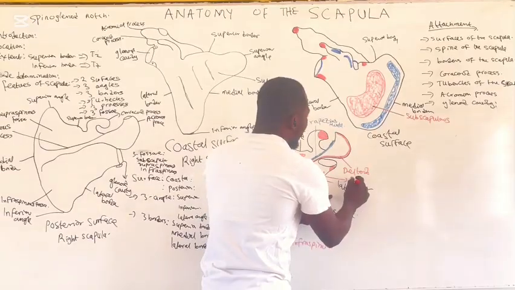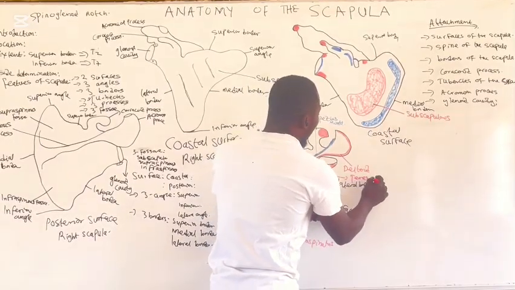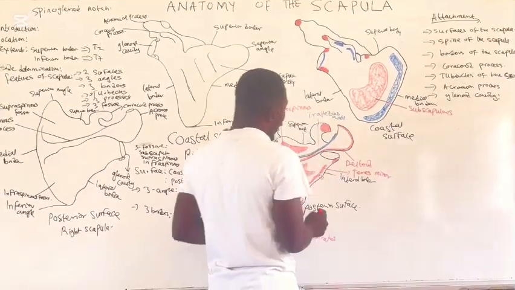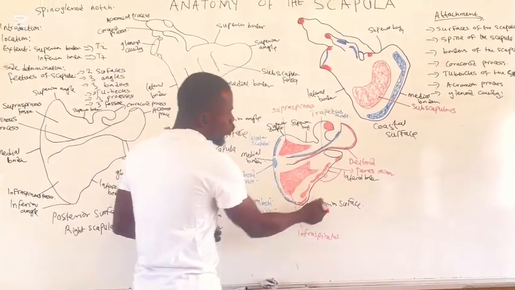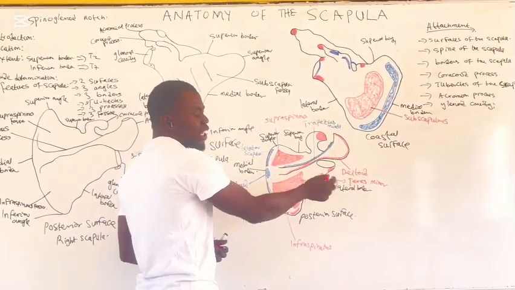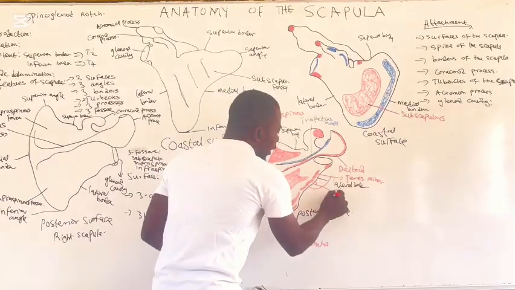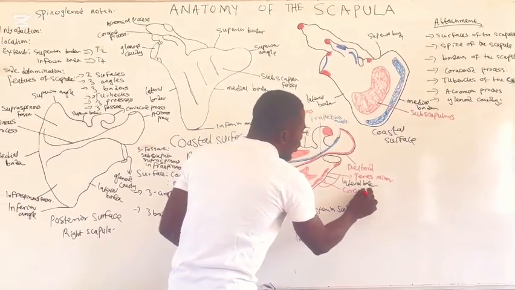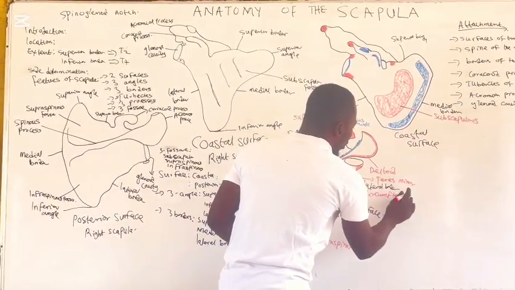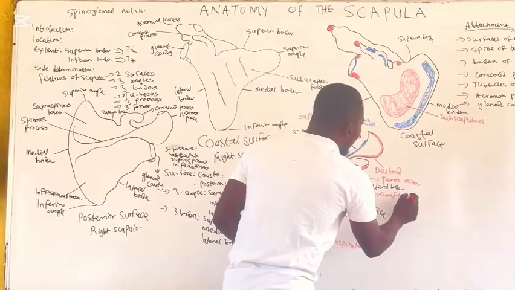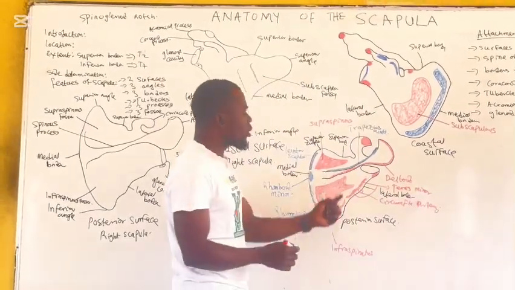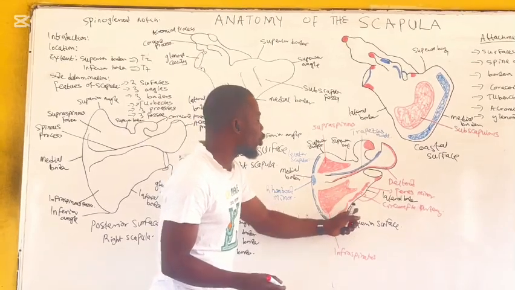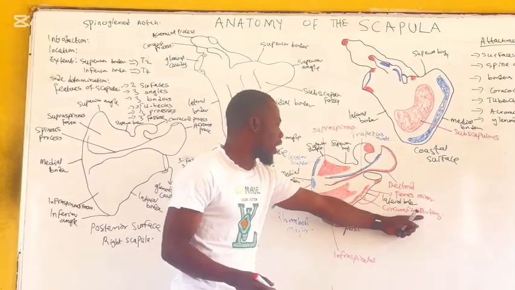One, teres minor, and this teres minor has two slits. In between the two slits of the teres minor, there is the circumflex scapular artery.